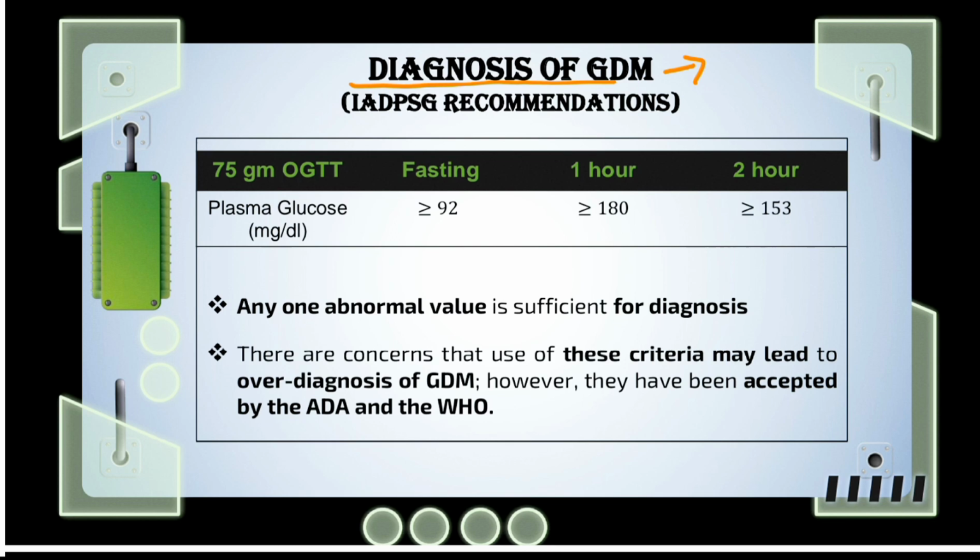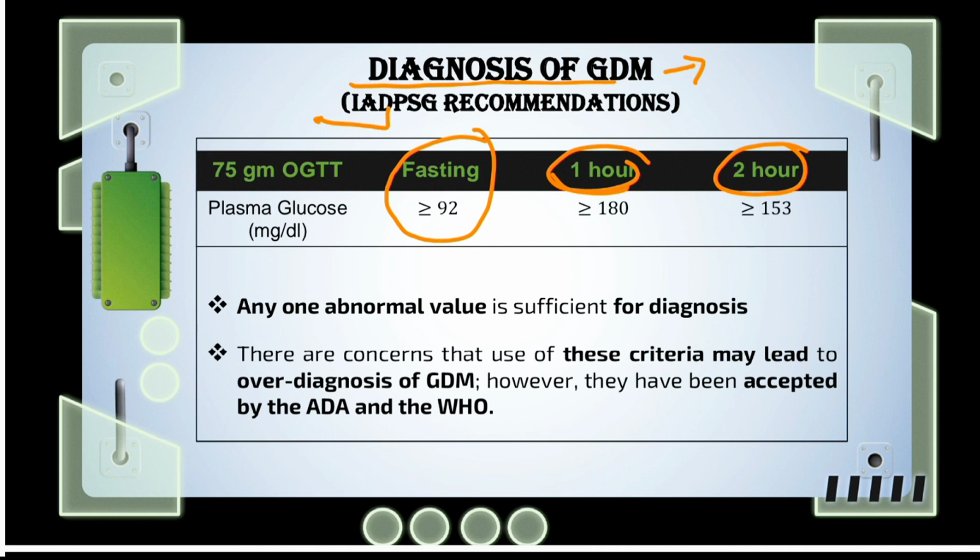As per the IADPSG recommendations, IADPSG stands for the International Association of Diabetes in Pregnancy Study Group. As per this recommendation, the plasma glucose is recorded at fasting level, and it is also recorded after giving 75 gram of glucose, after 1 hour of consumption of the 75 gram and after 2 hours of the consumption of this 75 gram of glucose.